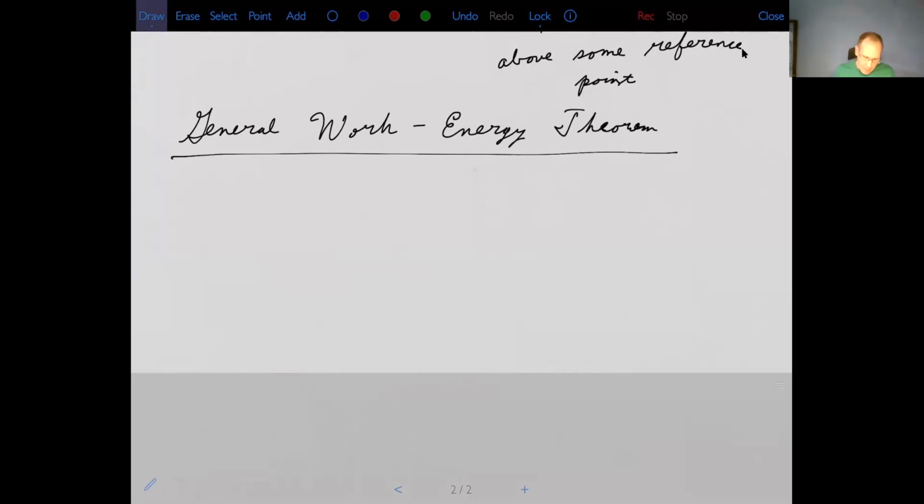What this says is that the net work done on some particular system is equal to the change in energy of that system. But the change of energy could consist of many different types of energy. So the change in energy could equal the change in kinetic energy plus the change in gravitational potential energy. And those are really the ones that we're going to worry about in this particular lab.